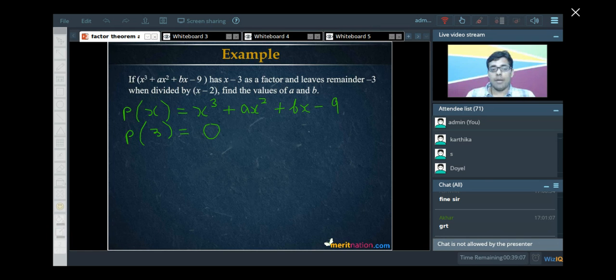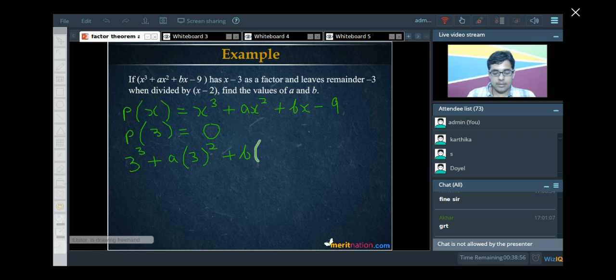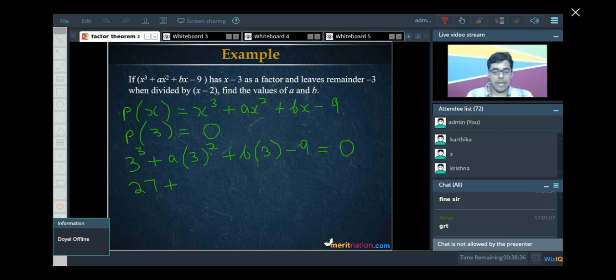We will get one equation from this, by putting x as 3: 3 cube plus a multiplied by 3 square plus b multiplied by 3 minus 9 equals 0. Now you can solve this. 3 cube is 3 times 3 times 3, that is 9 times 3, 27, plus a multiplied by 3 square, that is a multiplied by 9, it would become 9a, plus 3b minus 9 equals 0.